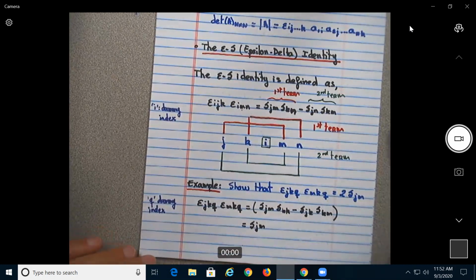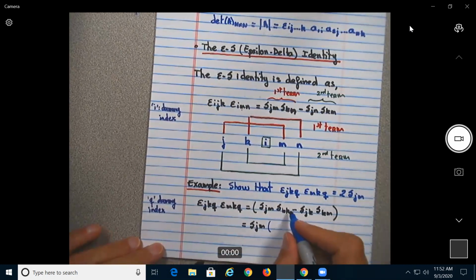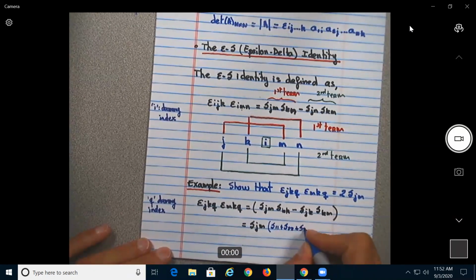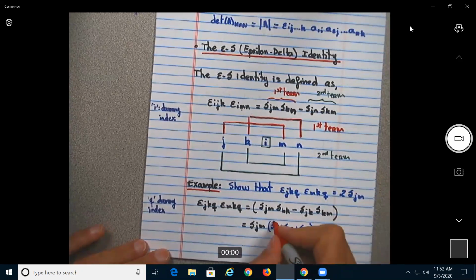And on a previous problem, what did we say delta KK was? It would be equal to delta 1,1 plus delta 2,2 plus delta 3,3. And each one is equal to 1. So all this term is equal to 3.